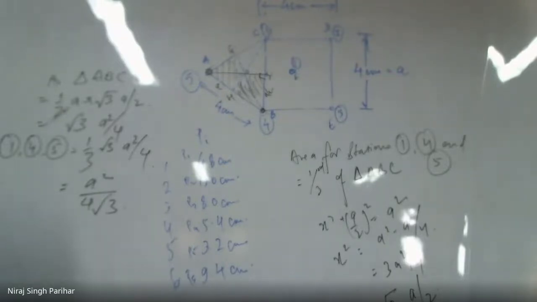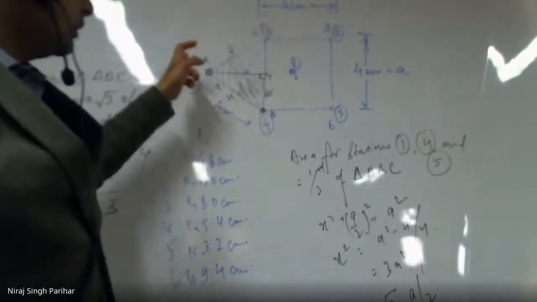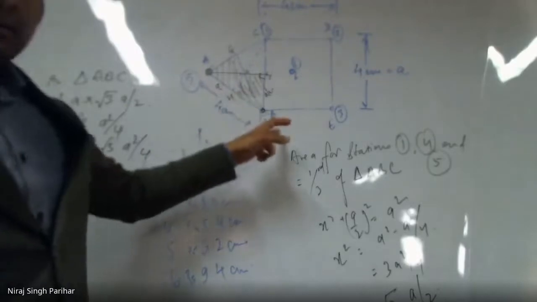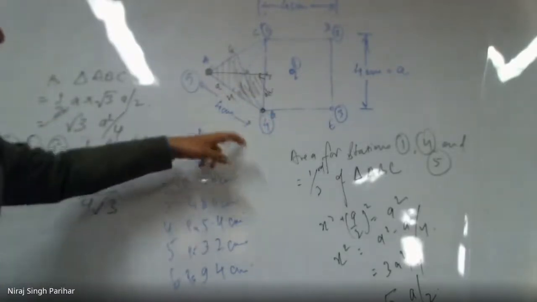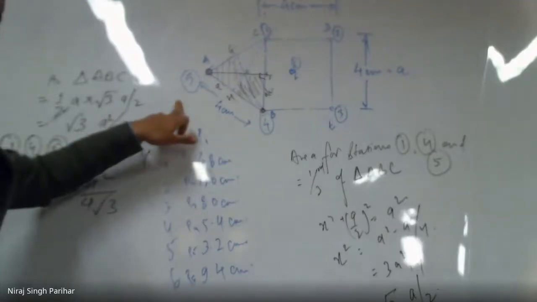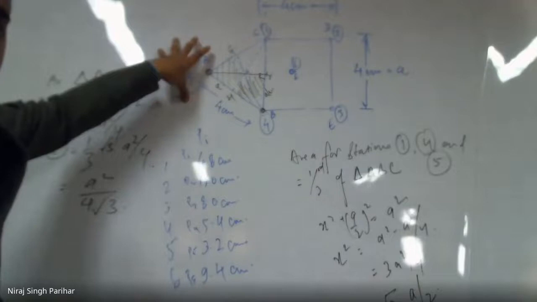If no one has any doubt up to here, now you can see you have divided this triangle into 3 parts, assigning the area to each of the stations 1, 4, and 5. Right? But यहाँ पे चलिए 5 is different because 5 is at the edge.